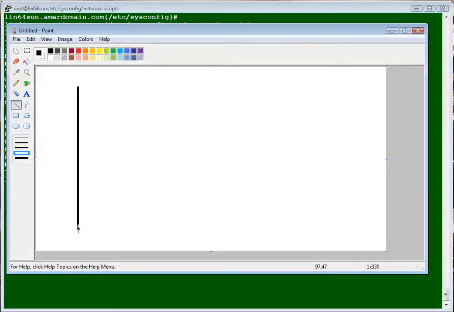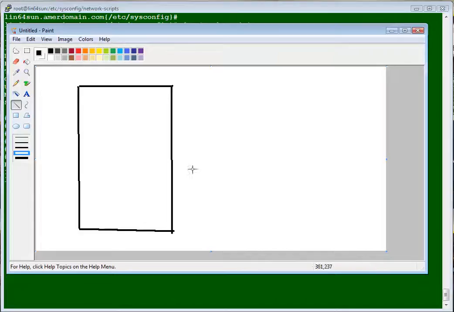This is my computer, this is my server, right? And I have network cards installed in here, like two network cards.